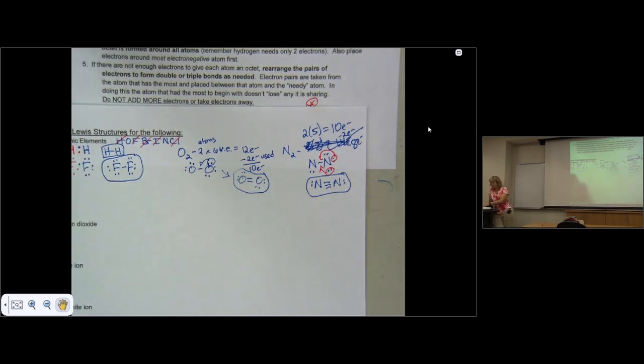Real quick, draw water. Follow the rules and draw water. Even if you don't have to follow the rules, just draw water if you can do it without following the rules. Draw the Lewis structure for water.